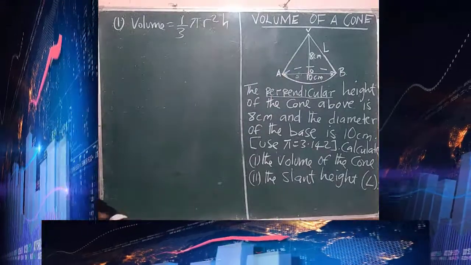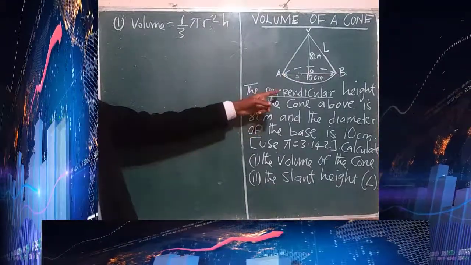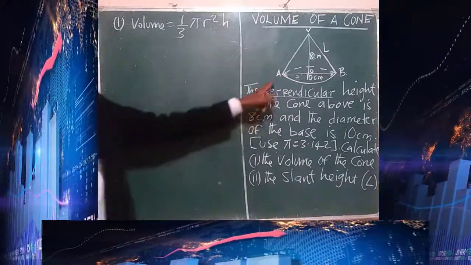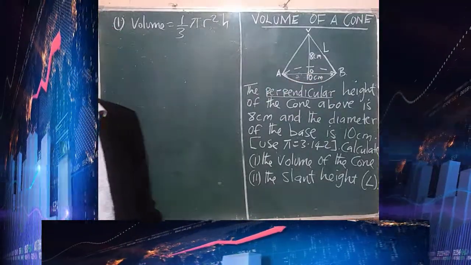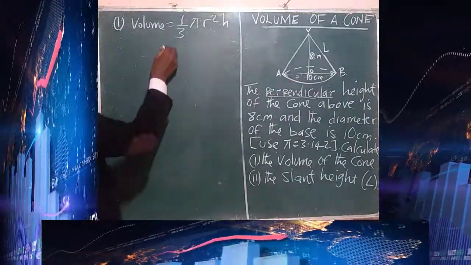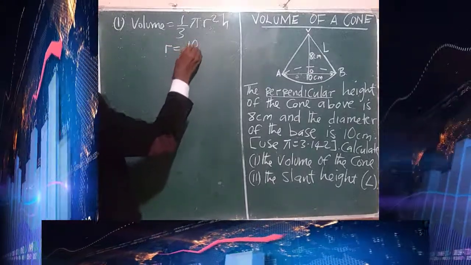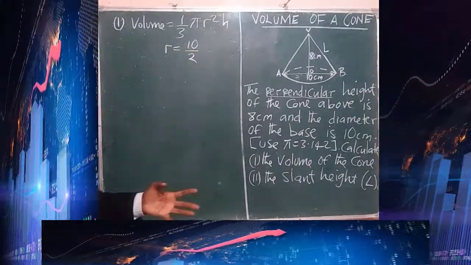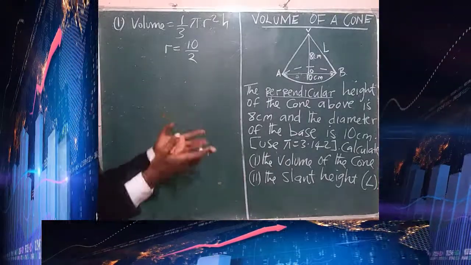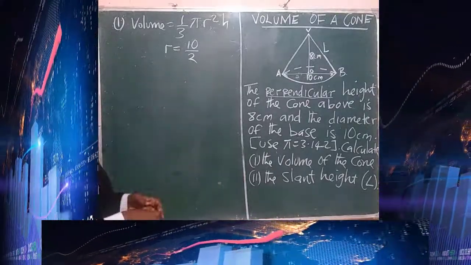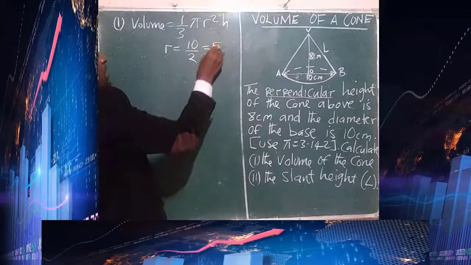The first thing that we do is to calculate the radius. Because we are given the diameter, the radius is half of the diameter. So we have radius is equal to 10 over 2, because the radius is half of the diameter, and then you have 5 centimeters.